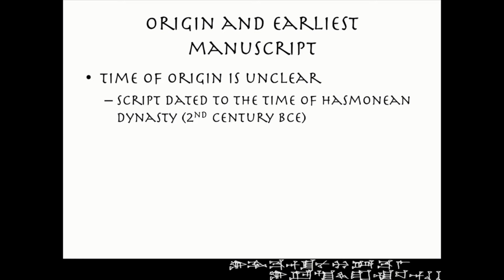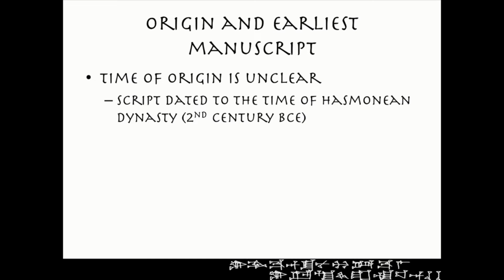So when we consider the origin of the Samaritan Pentateuch and the earliest manuscript that we have of it, we see that the origin is unclear. So in some ways, like the Masoretic text tradition, we don't know exactly when it started. The script that is used has been thought to be very ancient, as it looks like Paleo-Hebrew script, but as it turns out, we can date the script, at least with some degree of certainty, to the Hasmonean dynasty, so the 2nd century BCE.